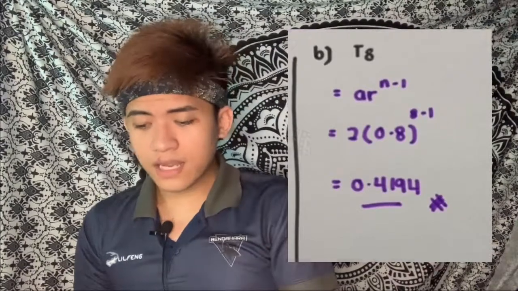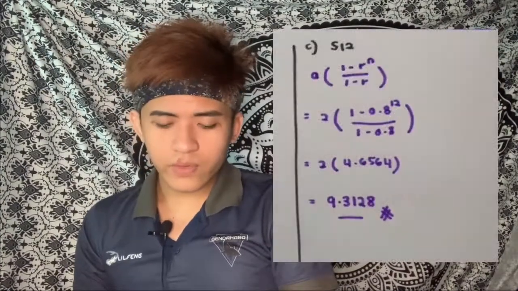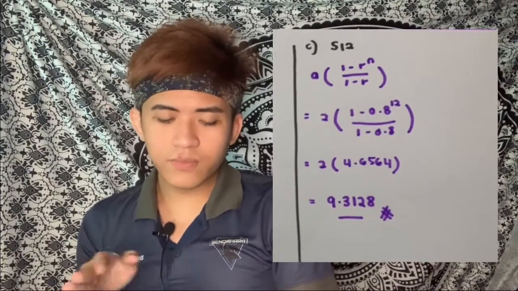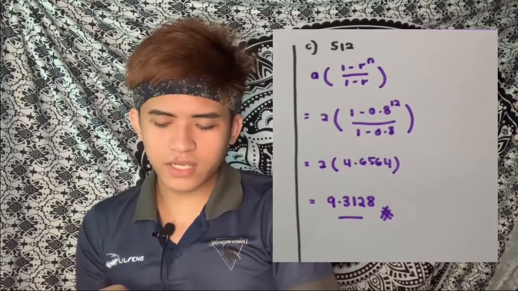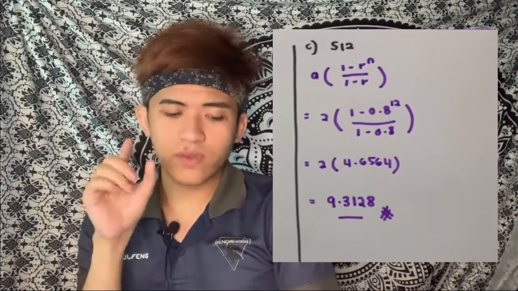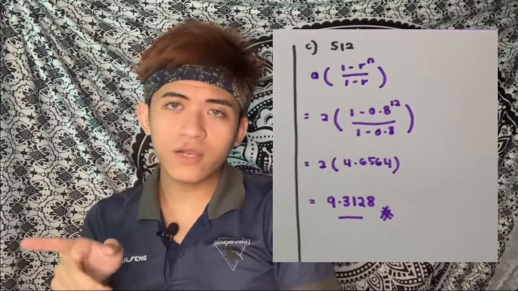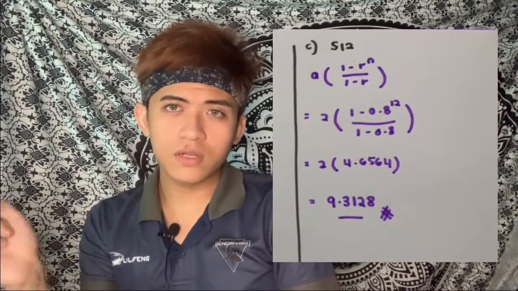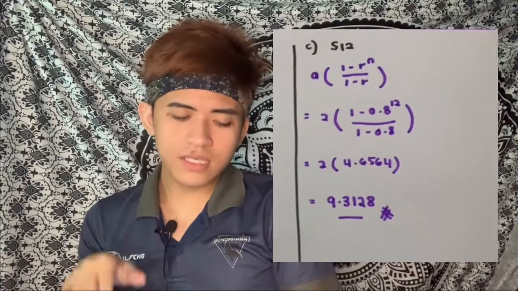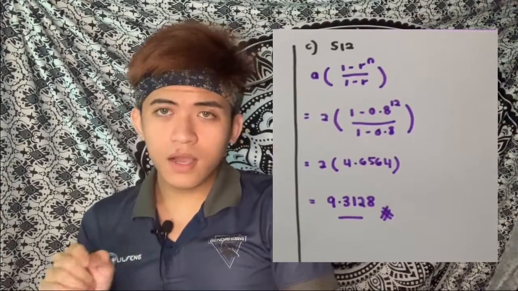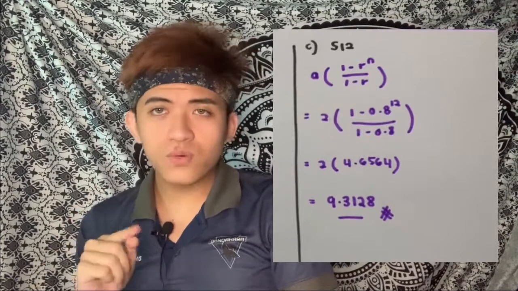And lastly, the last question is S12, in which the formula is a bit different. The formula must regard whether R is over 1 or below 1, bigger than 1 or smaller than 1. In this case, it is smaller than 1. So the formula used is A times (1 minus R to the power of n) over (1 minus R).